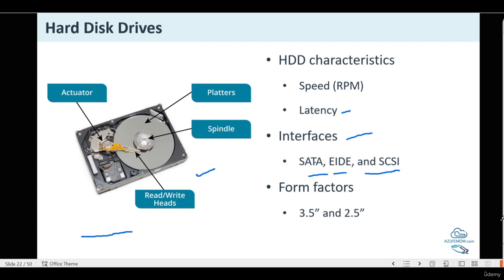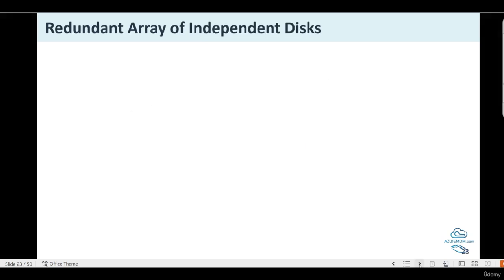SCSI is faster, and is mainly used in servers. As we have discussed, 3.5 inches are mainly used in desktops and 2.5 inches are used within laptops and external drives.